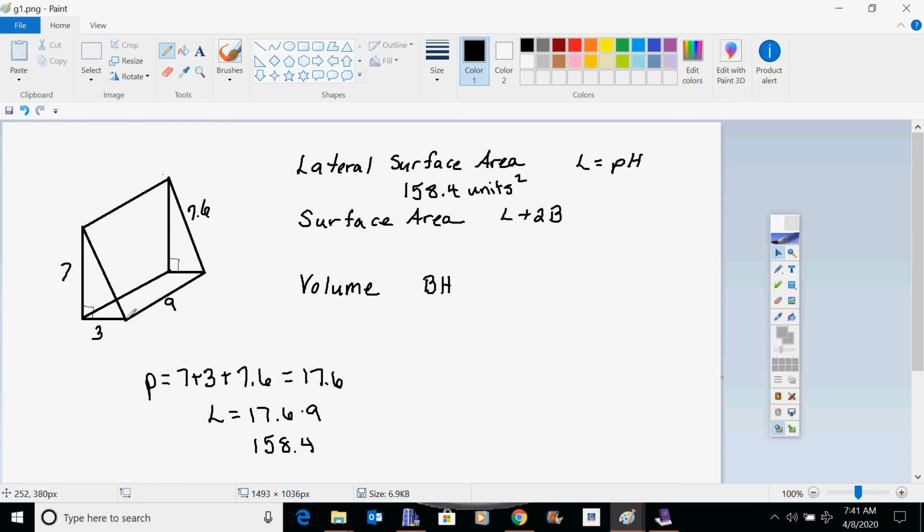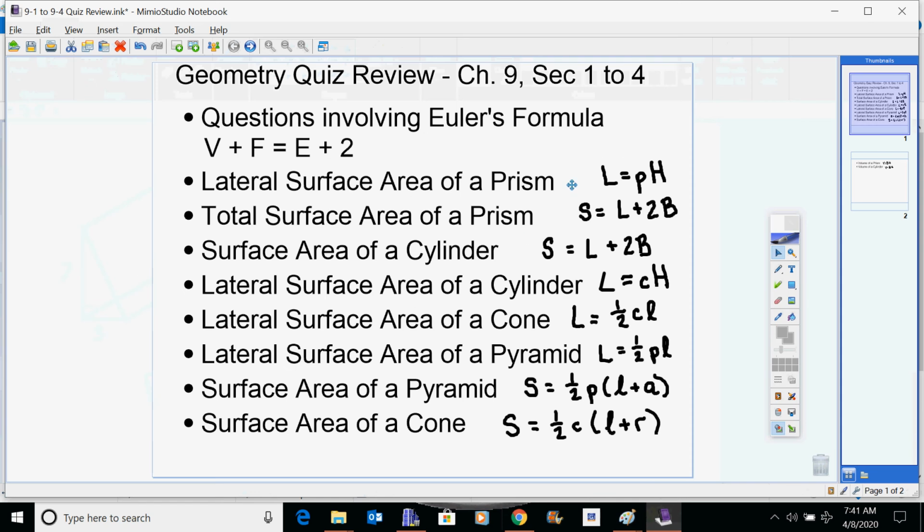Now, if you were not given this third side and it's a right triangle, you can always use a squared plus b squared equals c squared in order to find this third side. If it's another shaped triangle and they just give you the numbers and you don't even know a right angle, that's fine. Once again, you have to have the perimeter of the base times the height for something like that. So there's your example on that one.